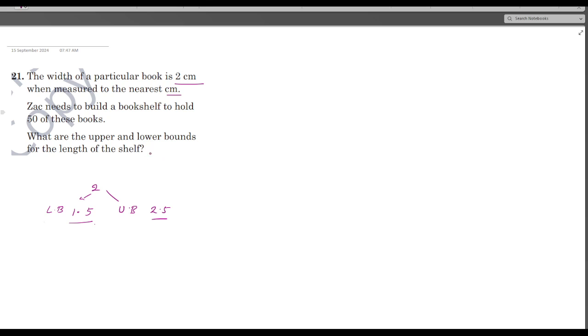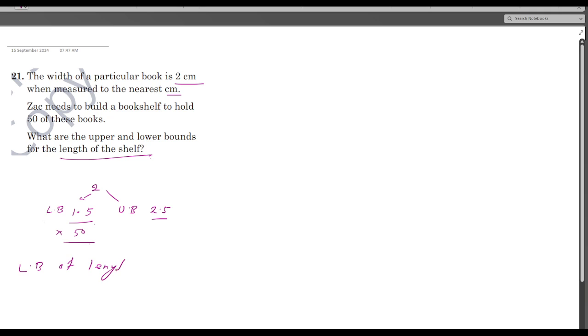Now I need to hold 50 books, so for the lower bound of the length of the shelf, 50 multiplied by 1.5 gives you 75.